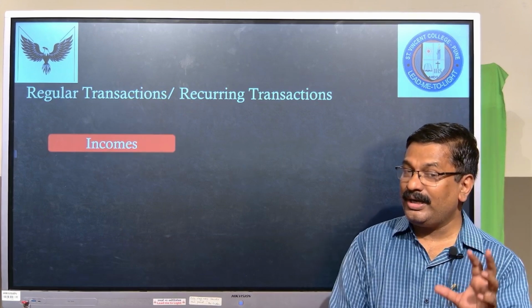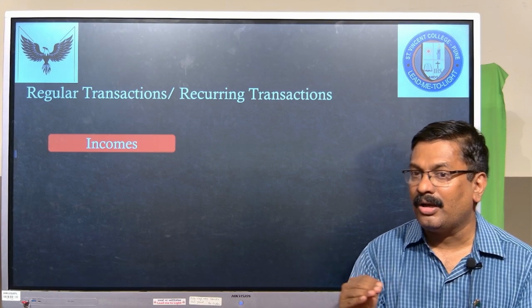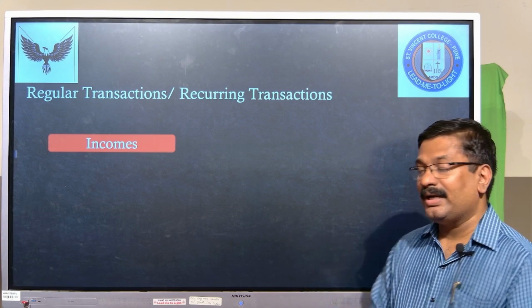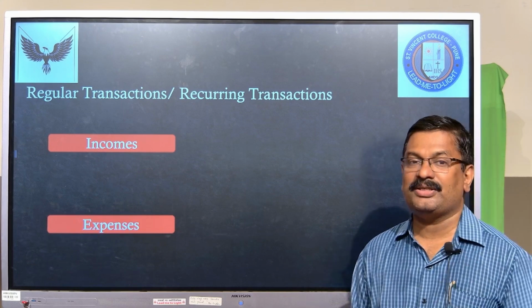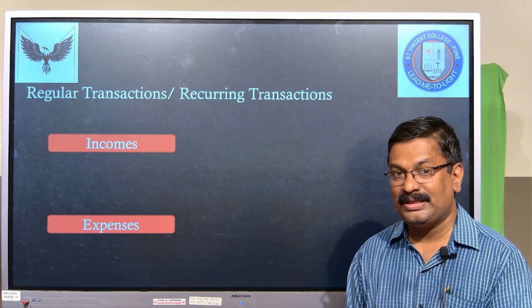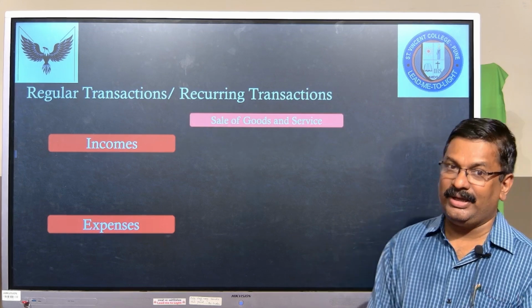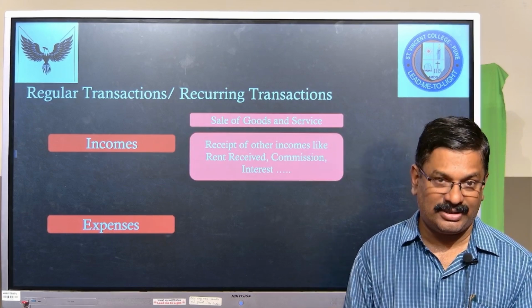Now, when you look at the transactions another way, there are regular transactions which happen regularly, meaning buying and selling, or certain transactions regularly happening. They can be mostly incomes and expenses. Incomes and expenses are regular transactions. Incomes are when I am selling goods or receiving other incomes like interest.